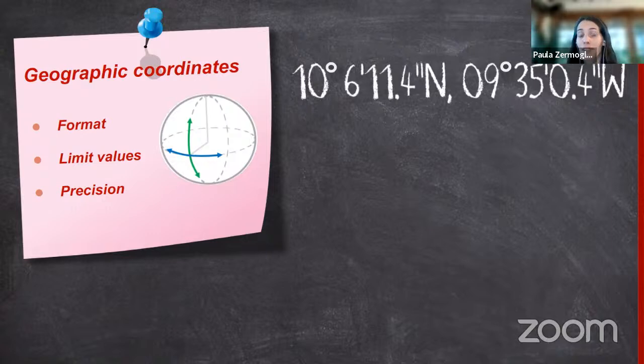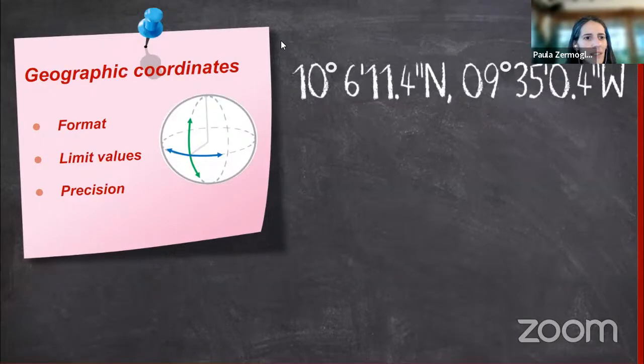This one is a little more difficult, and you might have to take some time to think about it. We have some answers for the format, degrees, minutes, and seconds. So far, everyone agrees.